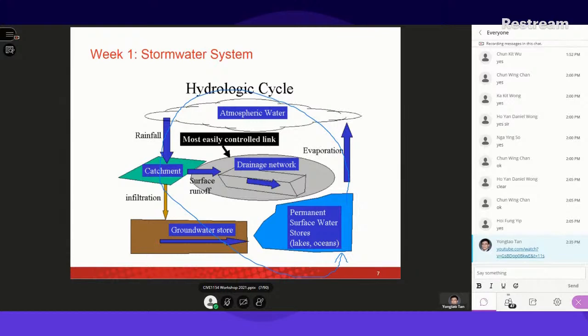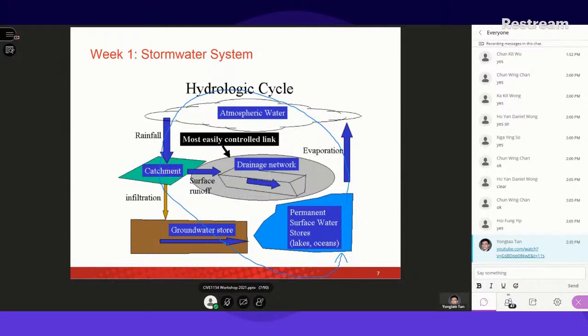As we know, because urbanization reduces the pervious area, most of the rainfall becomes surface runoff. That will increase the risk of flooding.